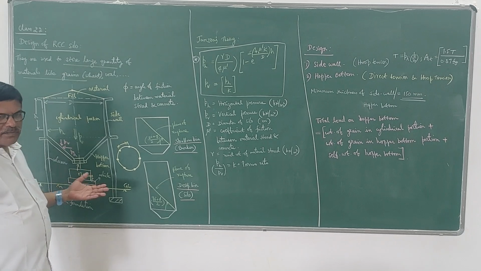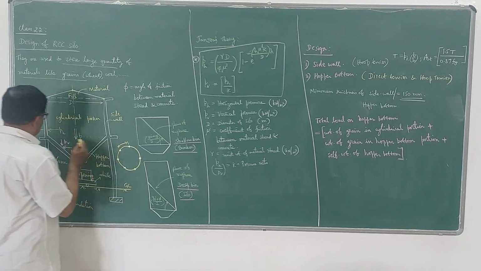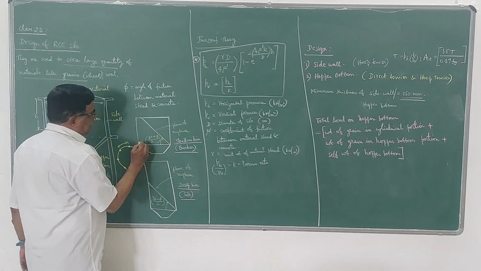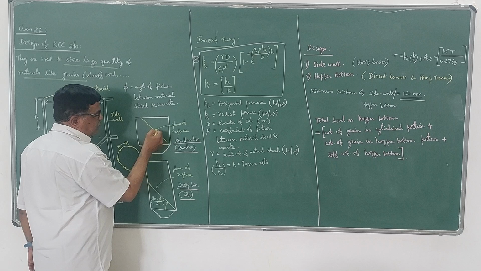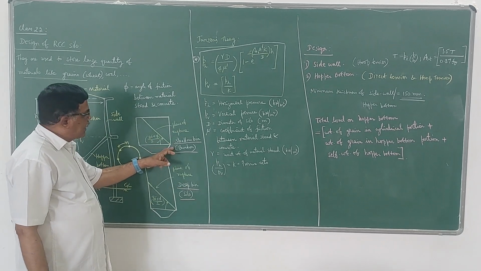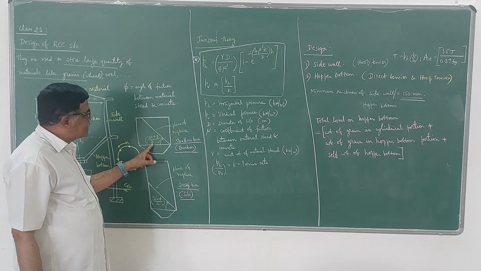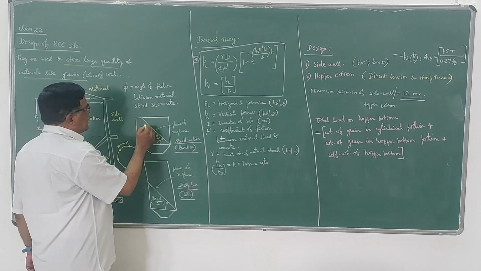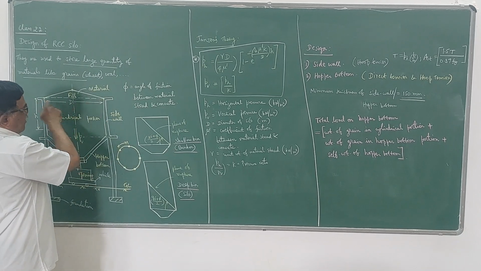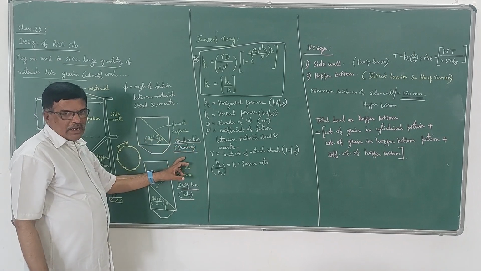And the main difference between bunker and silo is this: if you take the bottom of this cylindrical portion and the plane of rupture, usually this plane of rupture will be at an angle of 90 plus phi by 2 degrees. If this plane of rupture cuts the top plane, then it is called a shallow bin or bunker.